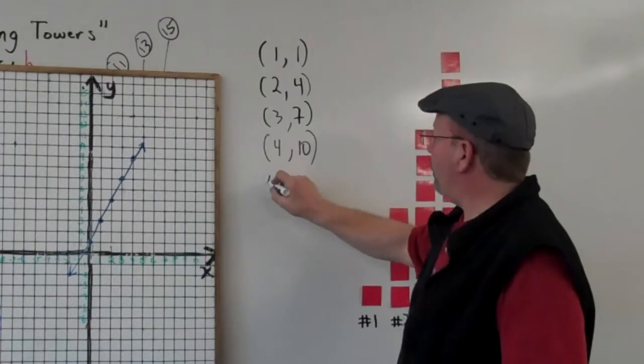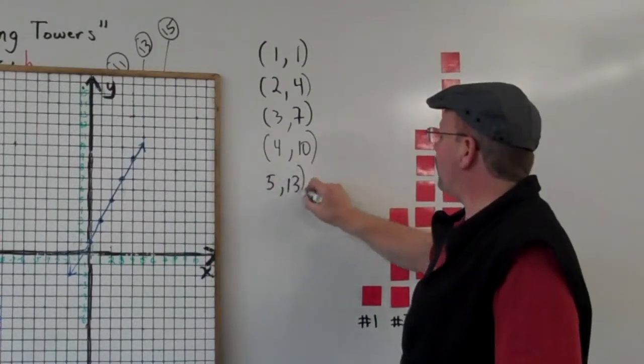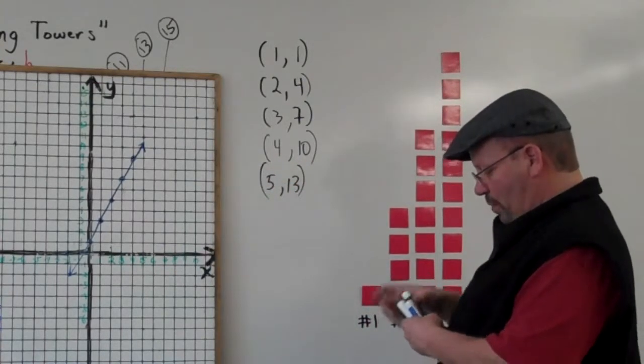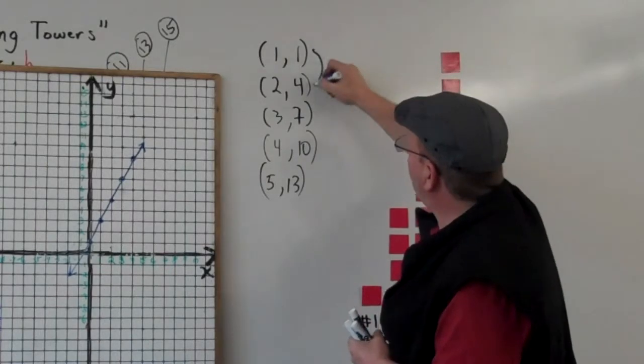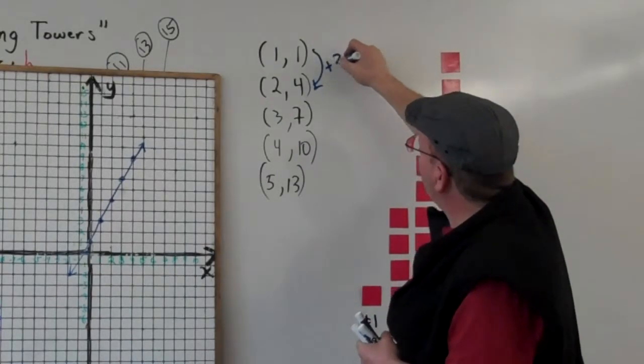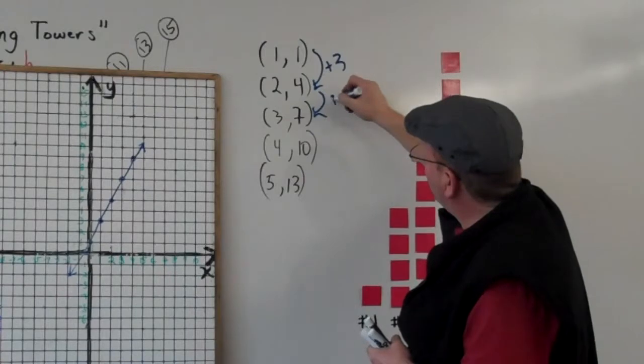We found that 5, as we did in class, is 13 high, because what we've identified is that each time we go over 1, we're going up 3.